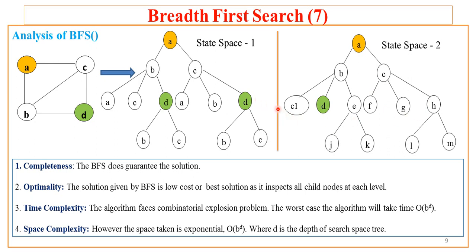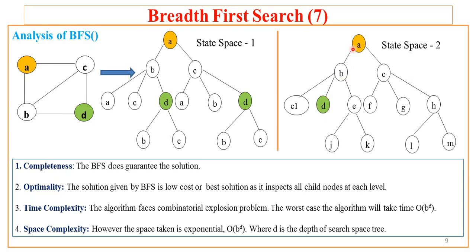Now BFS will explore all these nodes like C1, D, E, F, G and H. As it has to explore all these nodes, at a certain point of time it will visit this node D, and if D happens to be the solution, it terminates. That means BFS, breadth first search, as it is operating level wise, is guaranteed to get a solution.